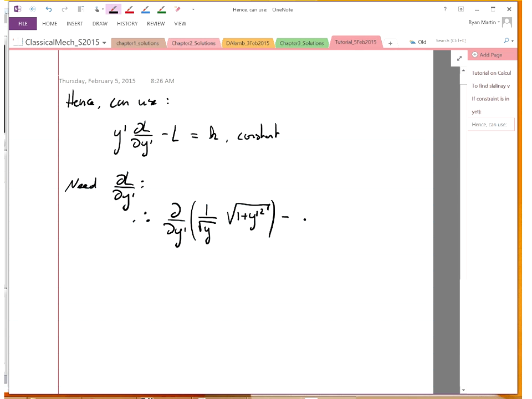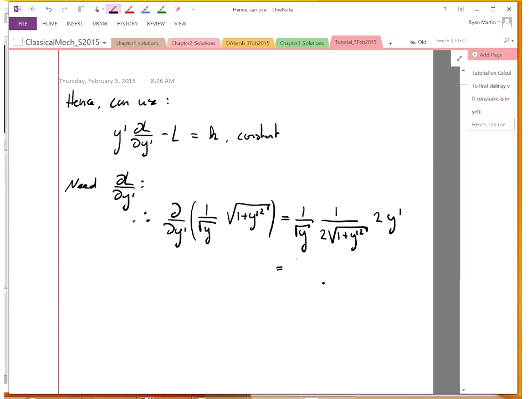So 1 over the square root of y, as far as we're concerned here, is just a constant. And then we have d by dy prime of the square root of 1 plus y prime squared. So that's going to be 1 over 2 times the square root of 1 plus y prime squared, I'm just applying the chain rule, times the derivative of the inside of the square root, which is 2y prime.